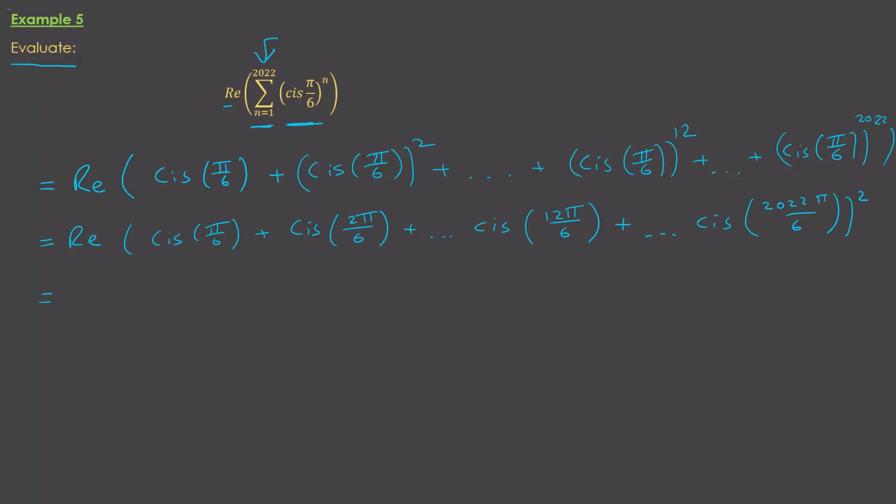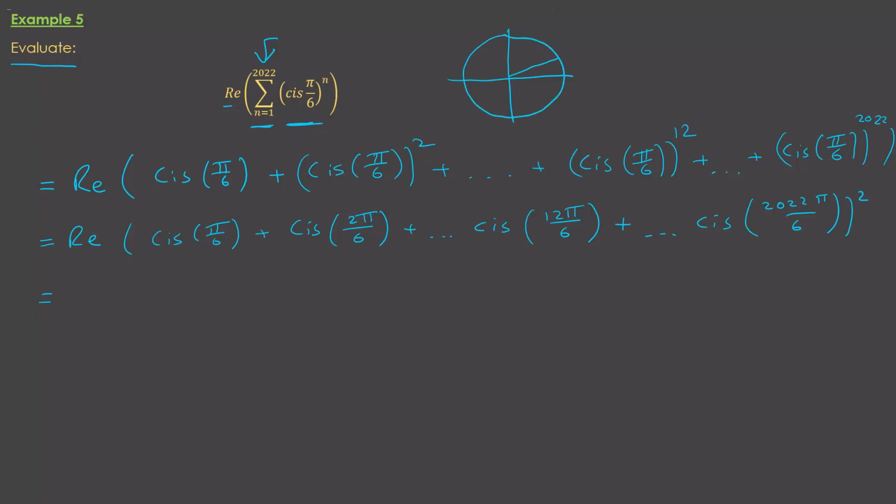Let's think about this in a slightly different way for a second. Let's think about an Argand diagram. So all of these would be on a unit circle.